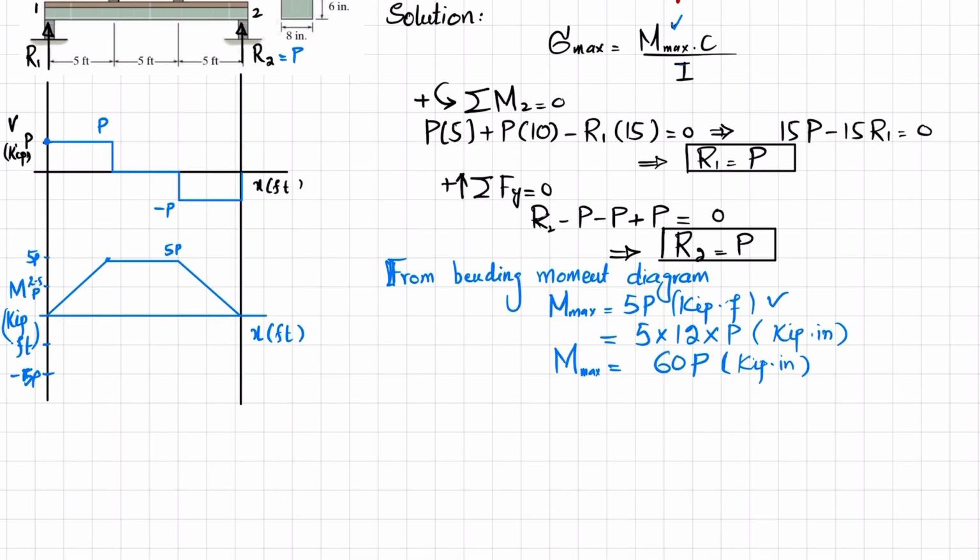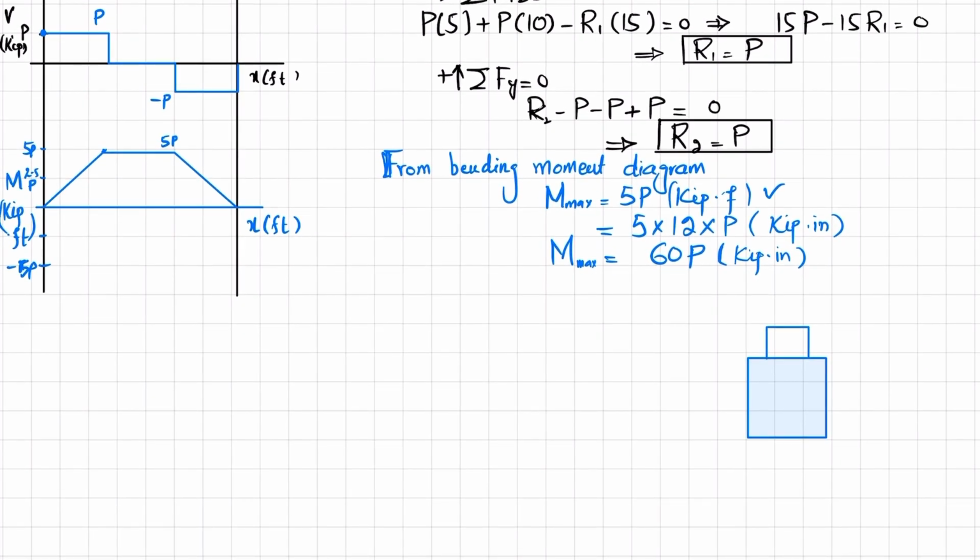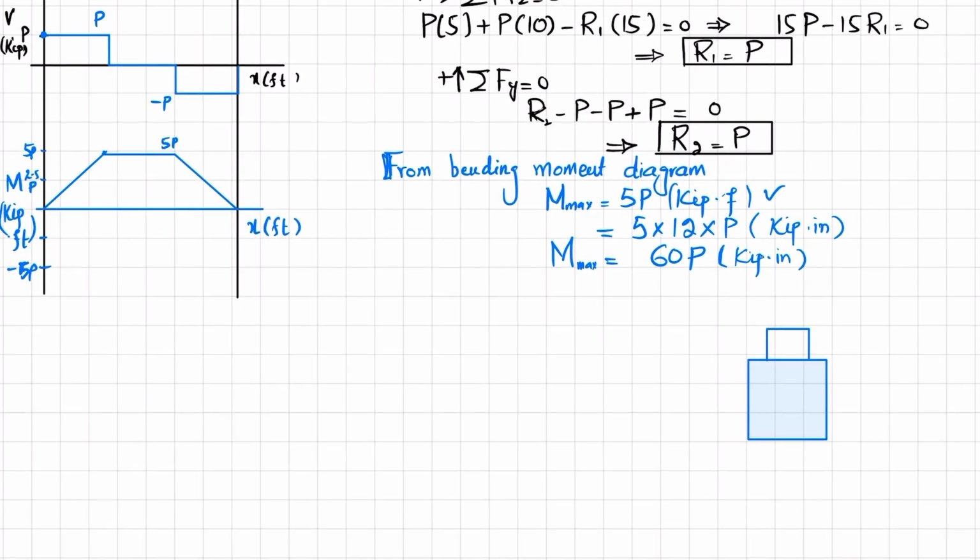For that I will draw it over here. Let me draw it first. This is the first one, and this one is the smallest one. So what was the dimension? This is 8 inch, this is 8 inch.